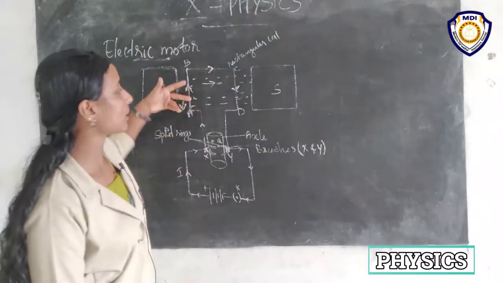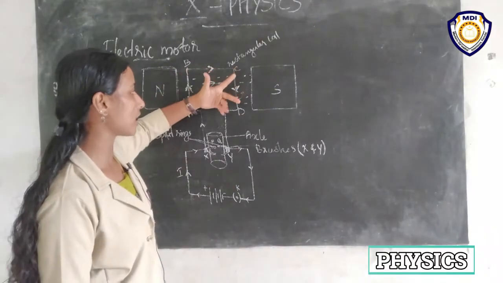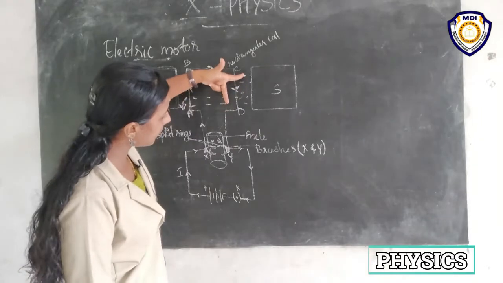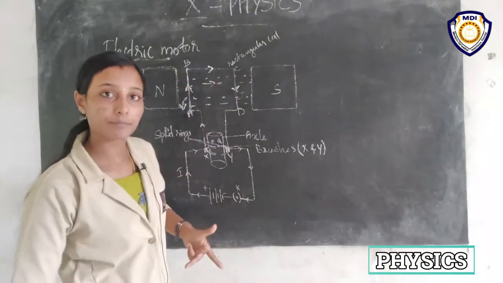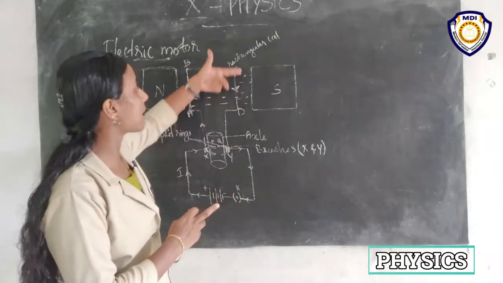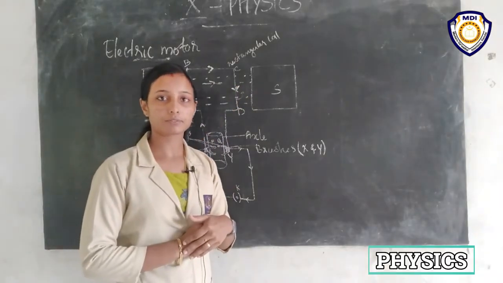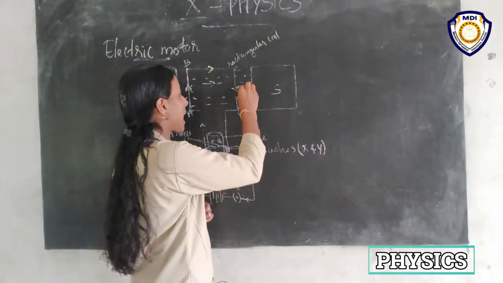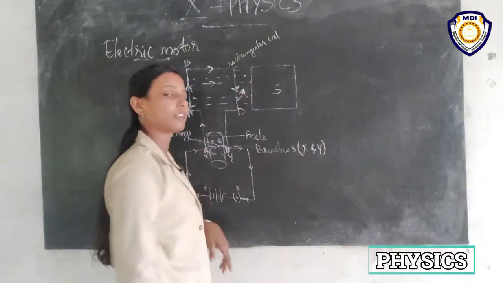The magnetic field is in this direction, and here we have current in the downward direction, right? So what will be the direction of the magnetic force? It should be in the upward direction, right? So here a magnetic force is experienced in the upward direction.